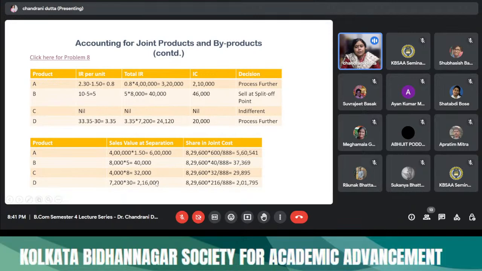Once you know that, you know 8,29,600 rupees is the joint cost, and you now distribute that among the 4 joint products.